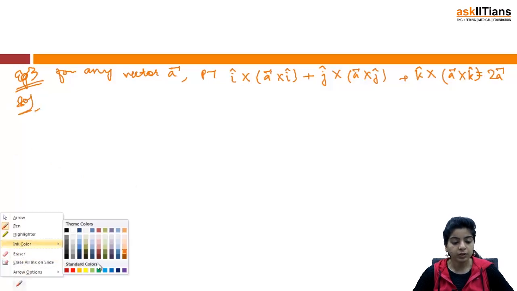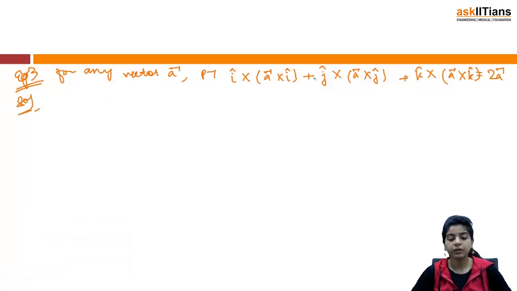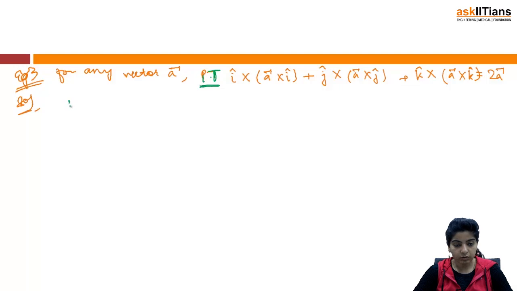So how do I proceed in this question? For any vector A, prove that this is equal to twice of vector A. Let us take what is given. We'll begin with that only. We need to find out the value of this.